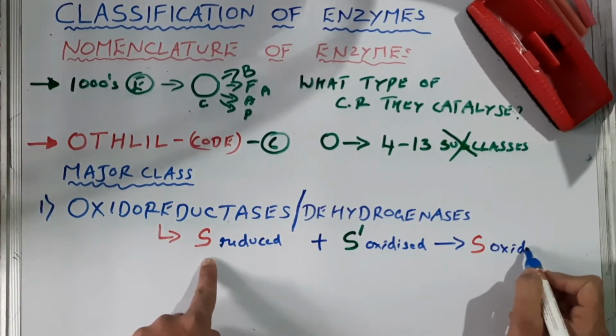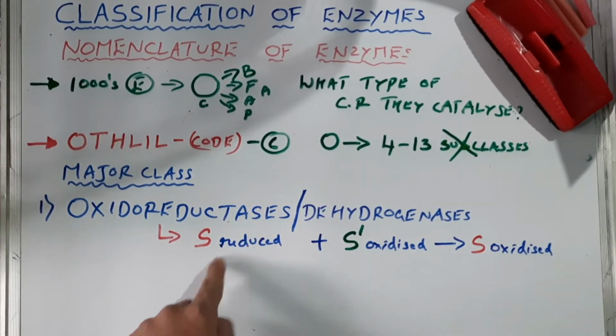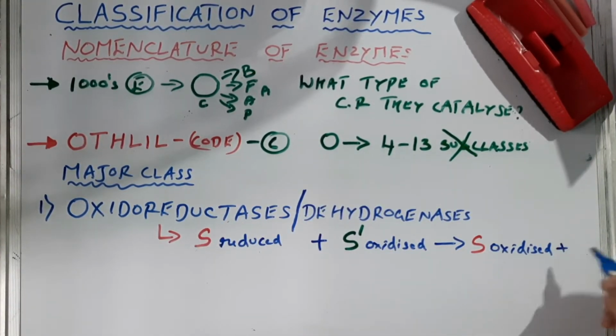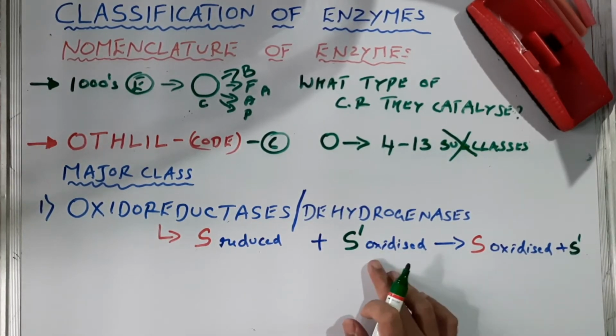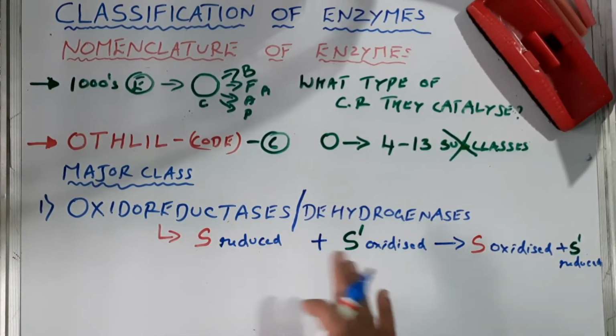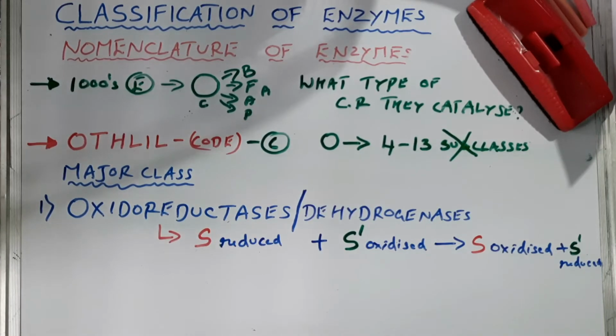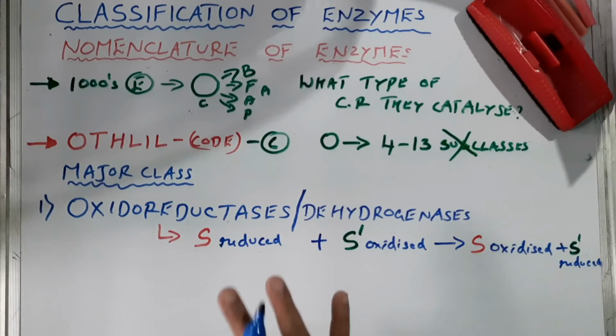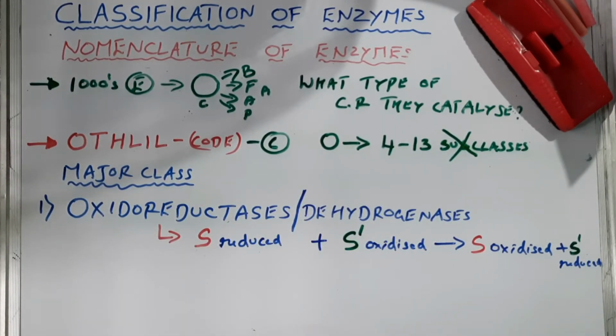One substrate now becomes oxidized from reduced form, whereas the other one, our green color substrate S dash, was earlier oxidized, but now becomes reduced. This is actually the main function of oxidoreductases. Got it? They bring about oxidation as well as reduction between the two substrates, hence the name oxidoreductases or dehydrogenases. This is the first major class, oxidoreductases. I hope that you understood this.